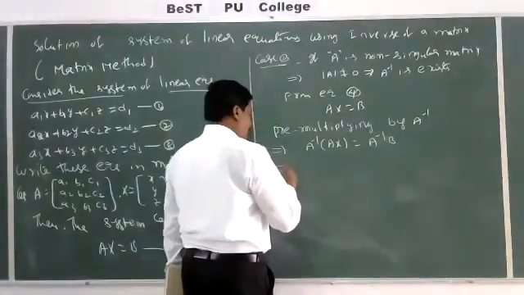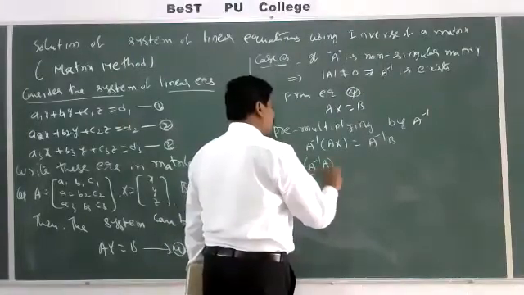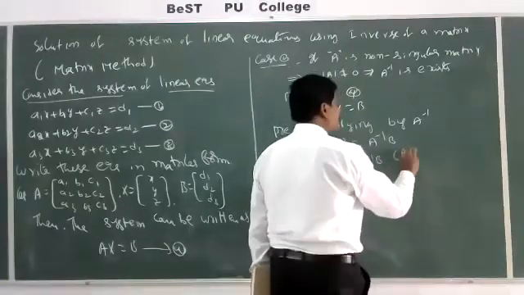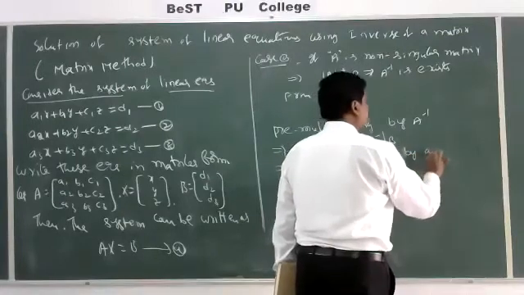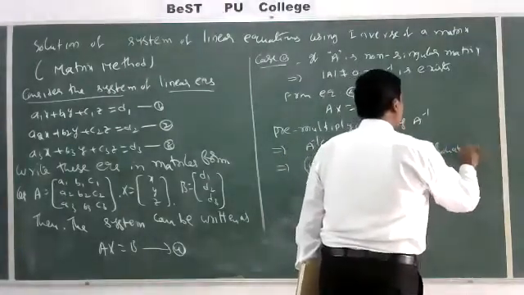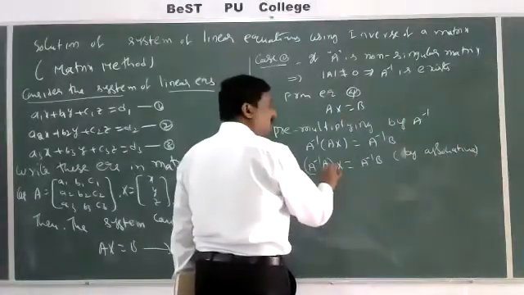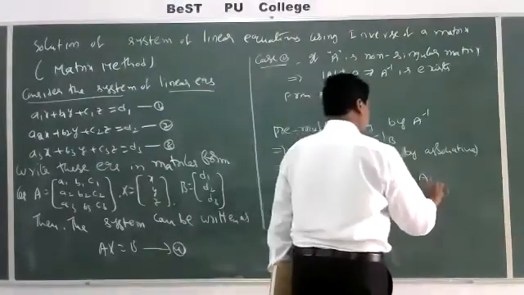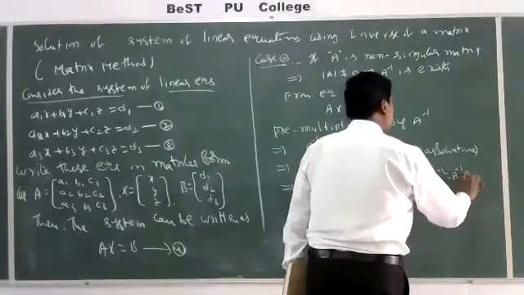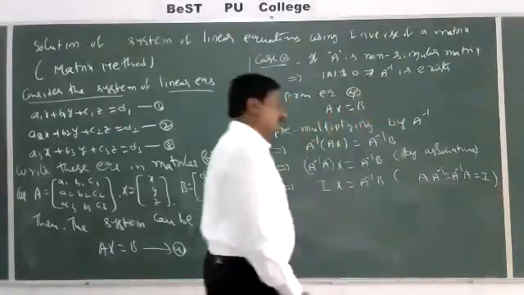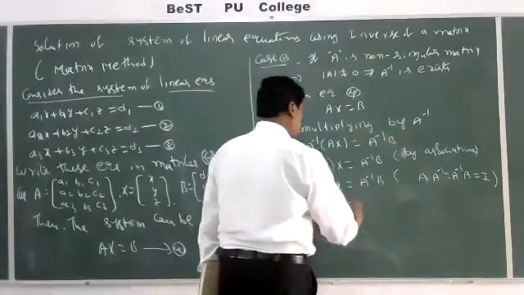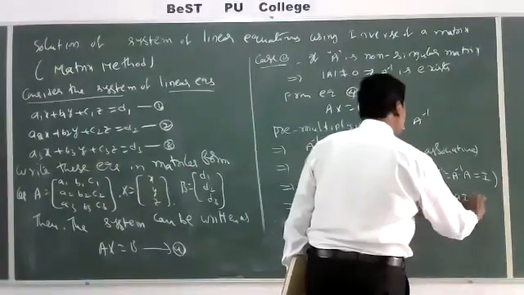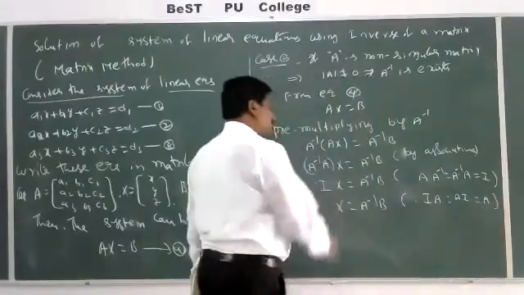Applying the associative property, A inverse A into X equal to A inverse B. Here A inverse A is I, since A A inverse equal to A inverse A equal to I. Next, I into X equal to X, since IA equal to AI equal to A. Using this property, IX equal to X, so X equal to A inverse B.